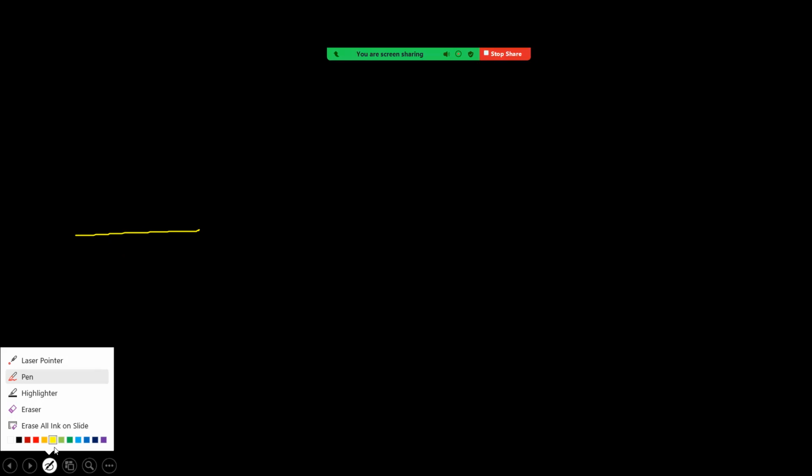So first make diagram for the given question. So diagram is given that this is M2 and this is M1, and this is theta.